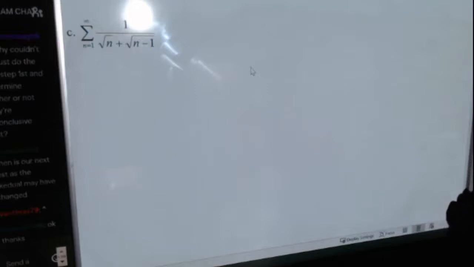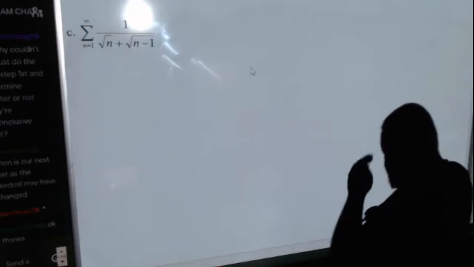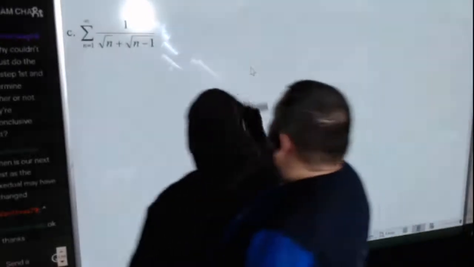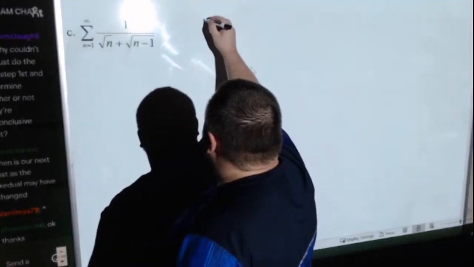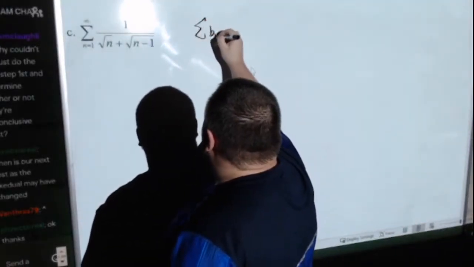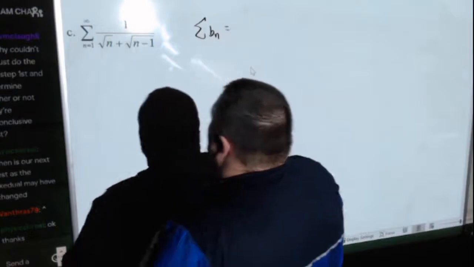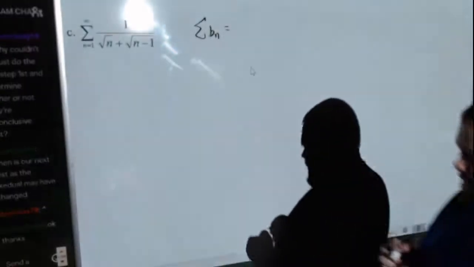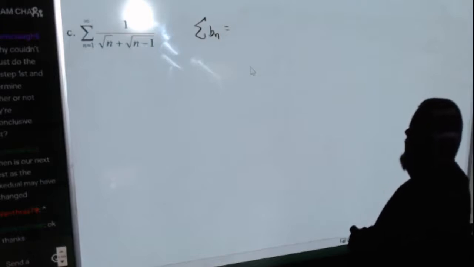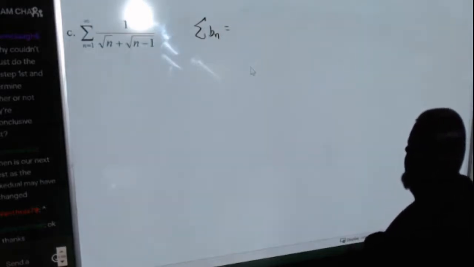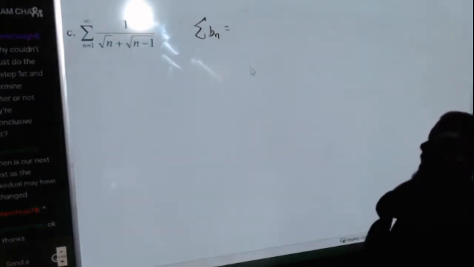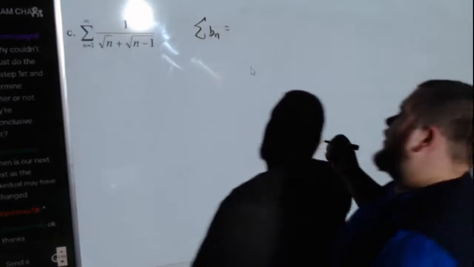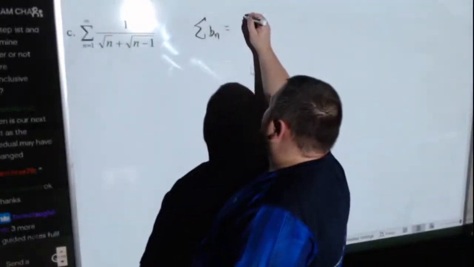All right, so let's see if we can figure this guy out. I need to first come up with b sub n. So my question to you is, what is the dominant term on the bottom? Is it square root n or square root n plus minus 1?